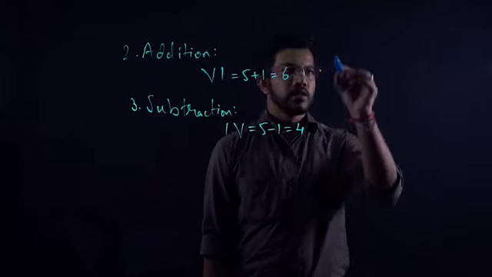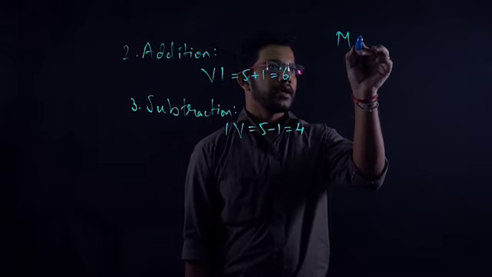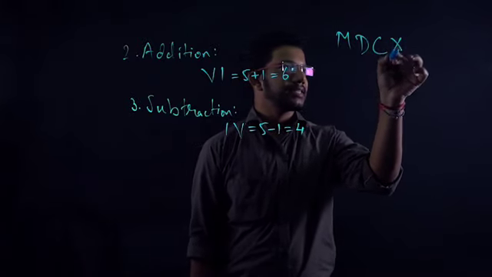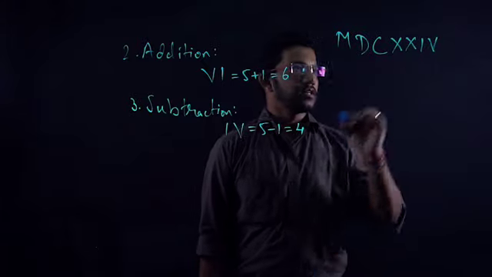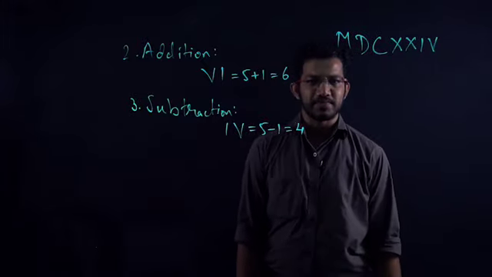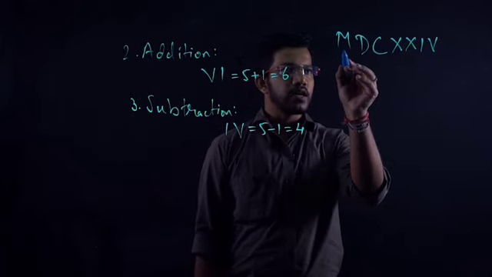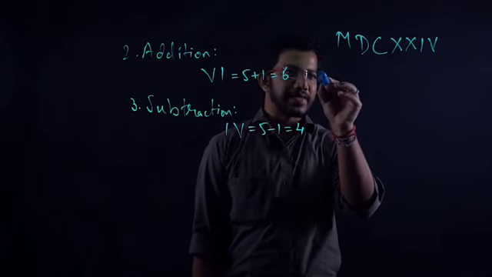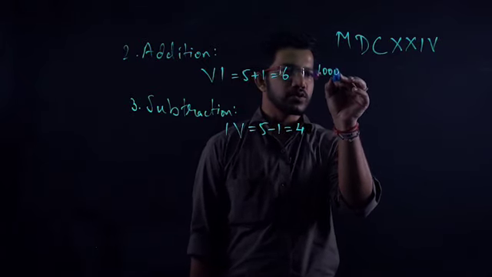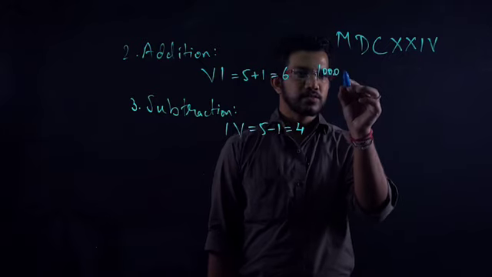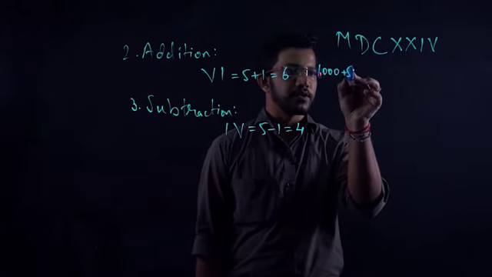For example, if I want to write MDCXXIV, this number in a normal decimal number, how to convert it? Point number 1, we start decoding the letters. So this letter M means 1000. Letter D stands for 500.